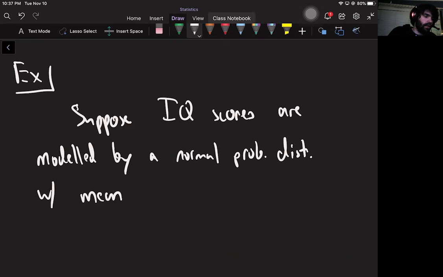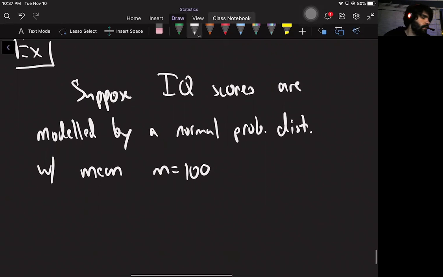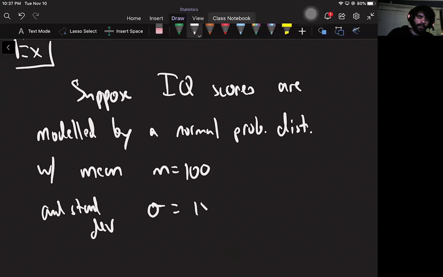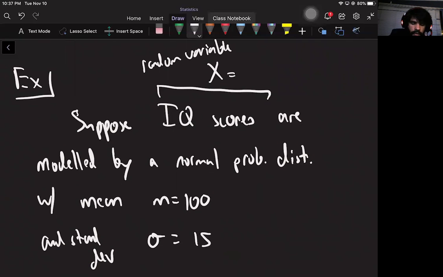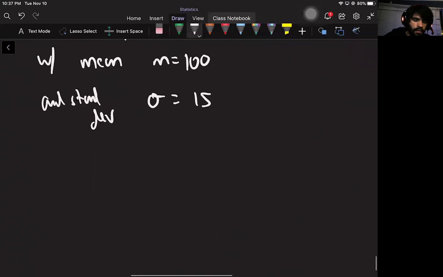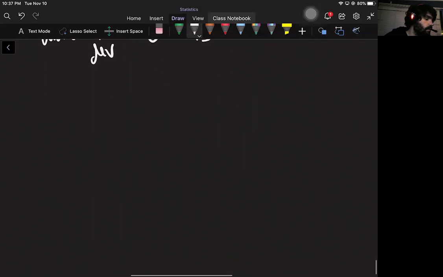It's very commonly used that the mean IQ score is 100 and the standard deviation is 15. So here, my random variable is the IQ scores, and I am supposing that it's modeled by a normal probability distribution, which means that I can ask some specific questions in a second, but first let me draw it.